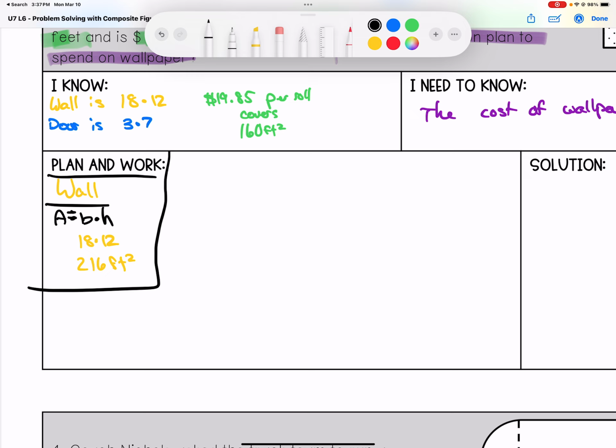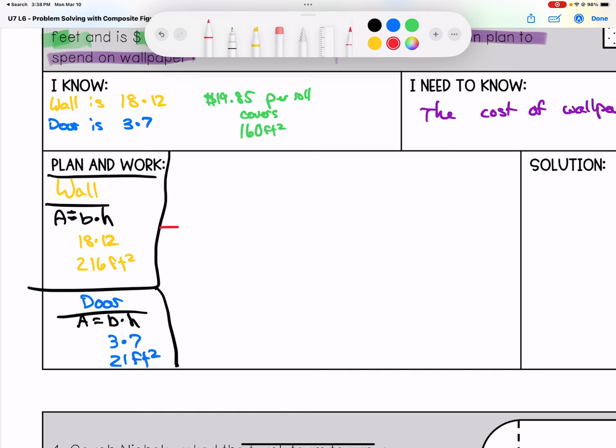All right, the next thing is the door. It's a rectangle also, so it's base times height. It's 21 feet squared. That's just the door. Okay.